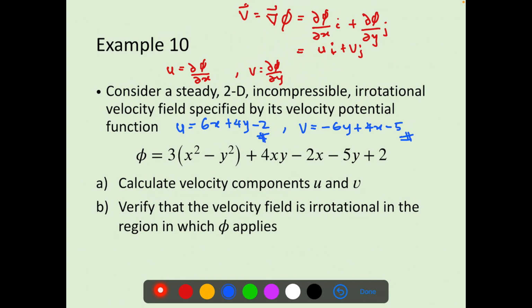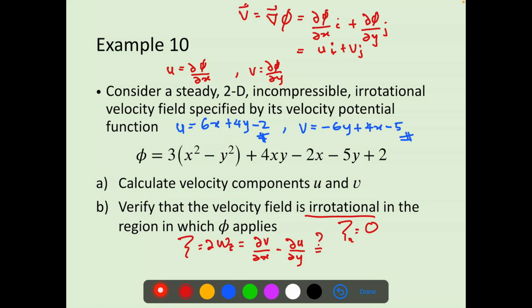Question B: verify that the velocity field is irrotational. What is meant by irrotational? As we learned in the previous lecture, zeta equals 0. For two-dimensional flow, this must be zeta z, which is 2 omega z, equal to del v over del x minus del u over del y.